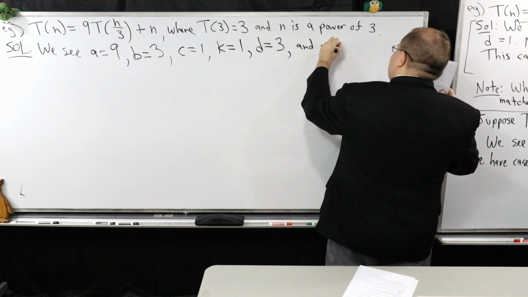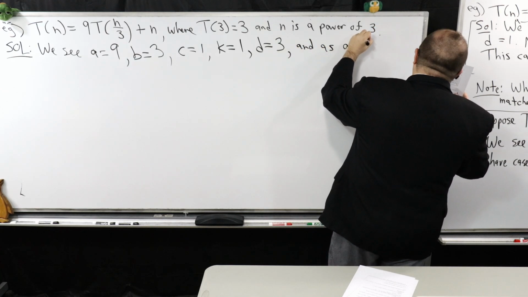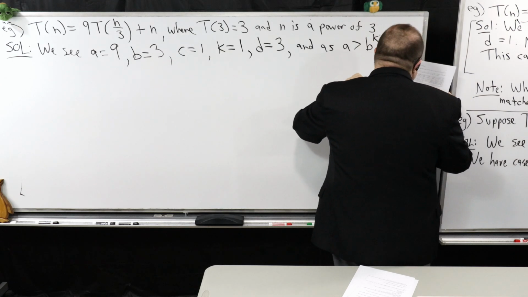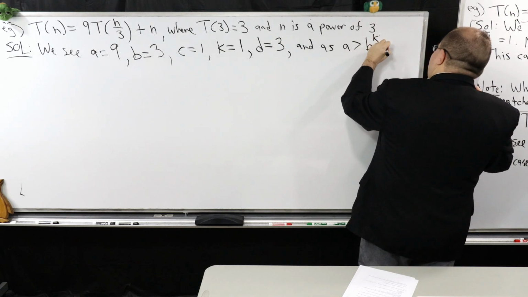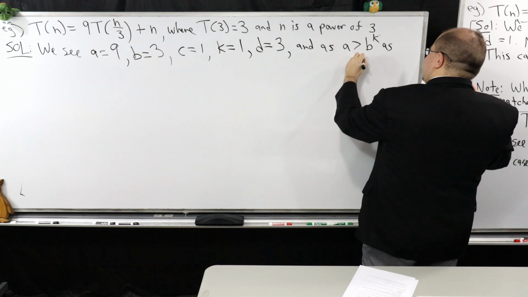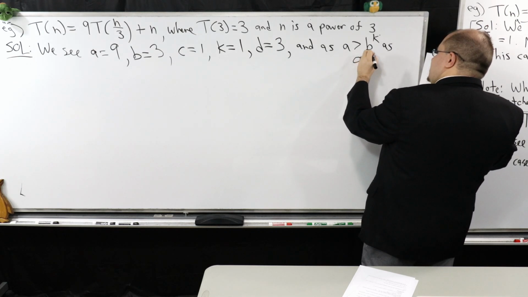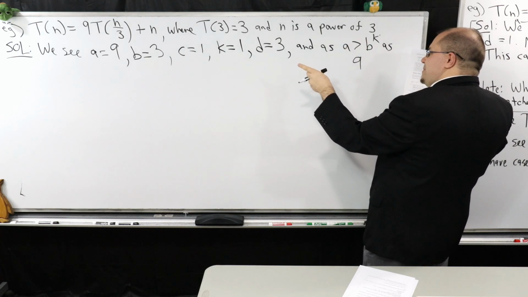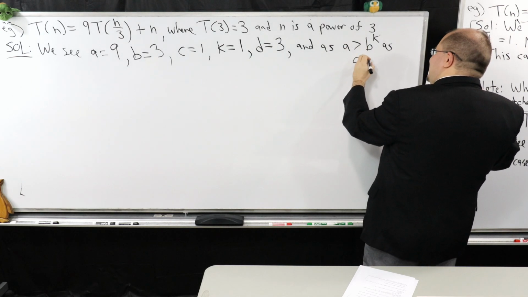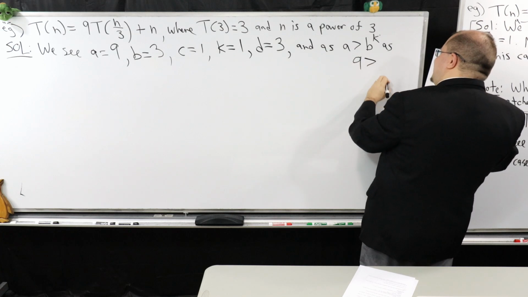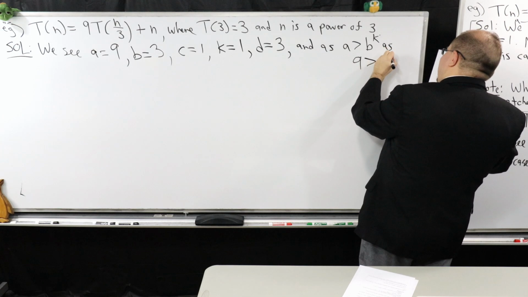Now, you'll notice that A is actually going to be greater than B to the K. Look, we have B, which is 3, K is 1, so most certainly 9 is going to be bigger than 3 to the 1, right?